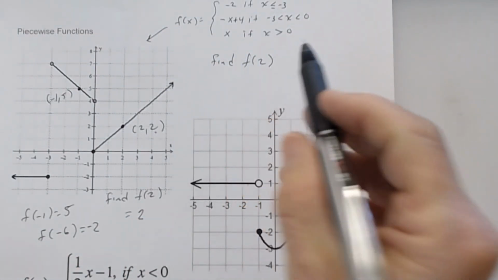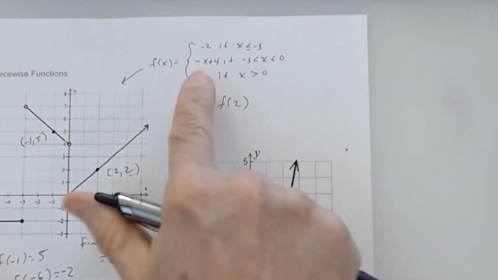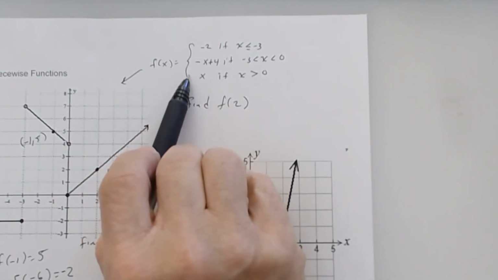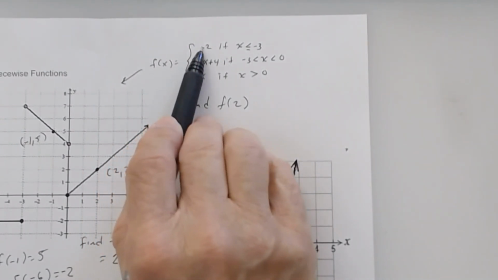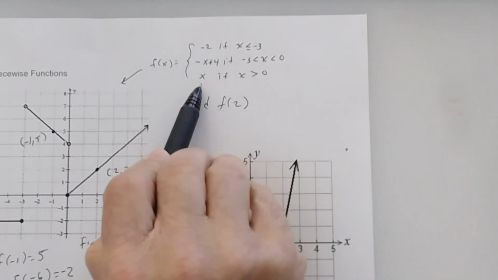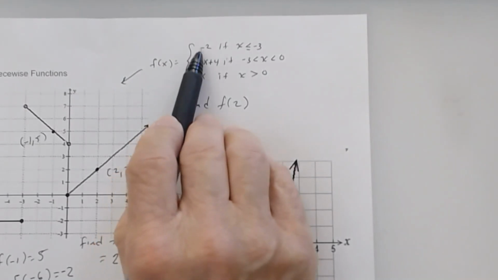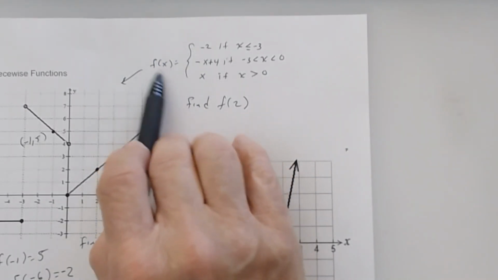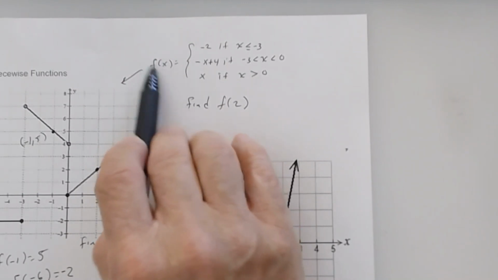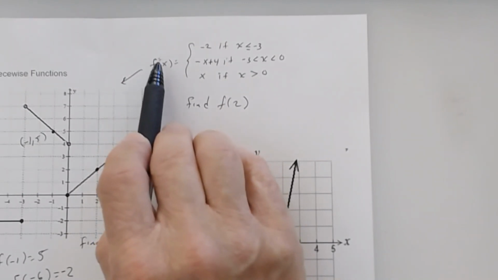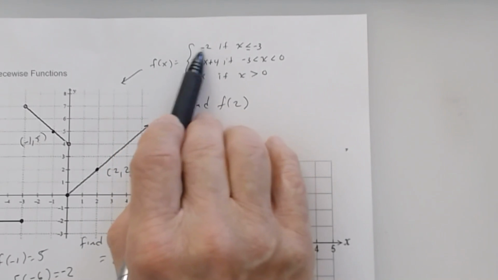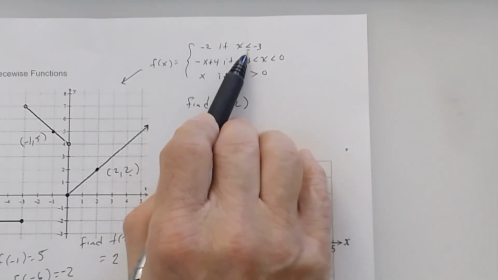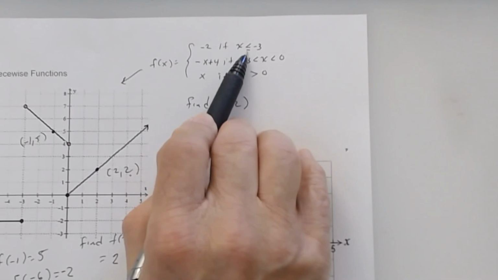2. Okay, now let me explain what this part means. So this function is made up of how many pieces? 3. Here's the first part, second part, third part. The first part, remember this means the same thing as what coordinate? Y. So it says that y is going to equal this right here, negative 2, if x is less than or equal to negative 3.